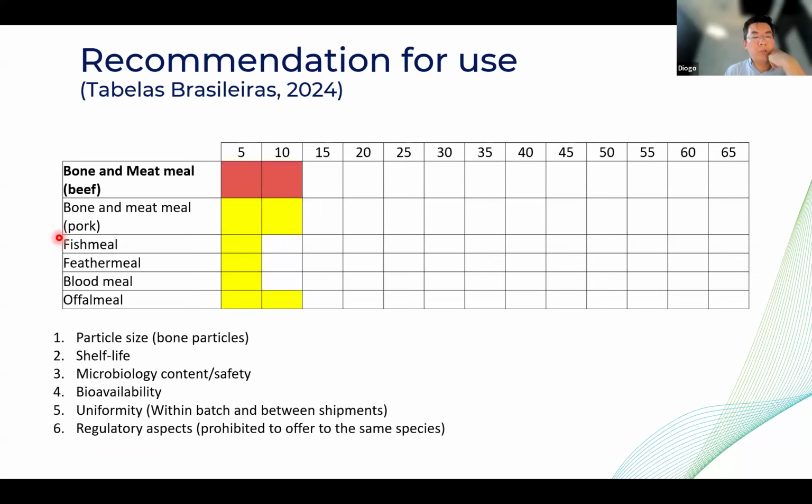So we can use broiler byproducts in pork or swine feed, and we can use swine pork meal in the layer diet. But in some cases it's prohibited to use the same species in the same feed.